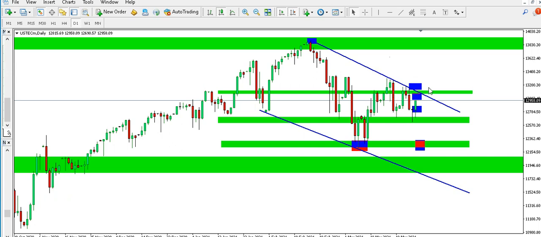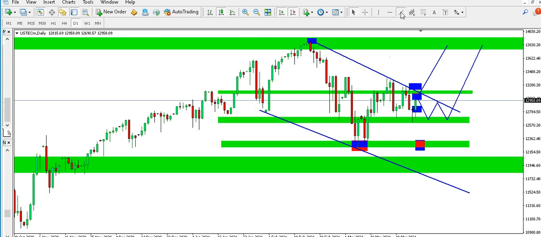Okay. So I see these moving average resistances as minor resistance. And once price breaks this point, it's going to go up. But if it does not go up, if it indeed comes down, it comes down to this support level, tests this support level and goes up.